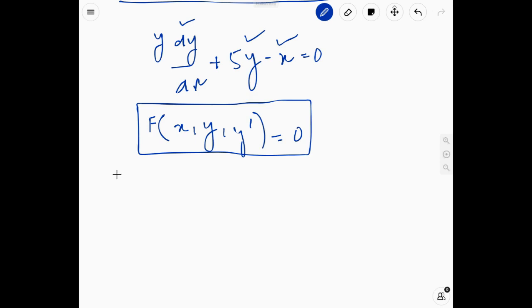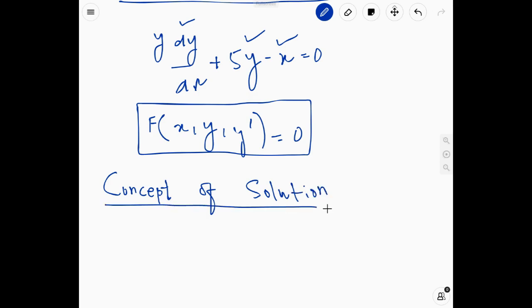The next concept is the concept of solution of a first order differential equation. Whenever we are going to solve a differential equation, it means that we are going to find the value of the unknown function.